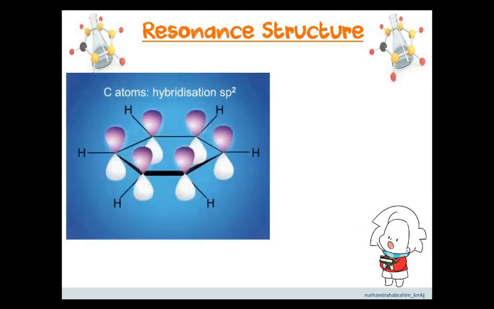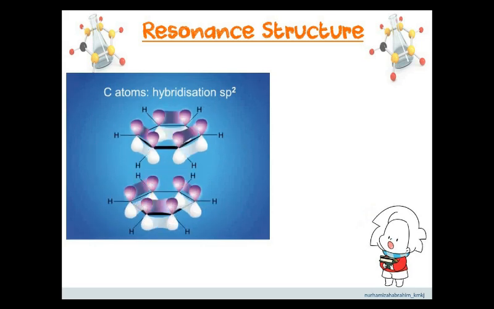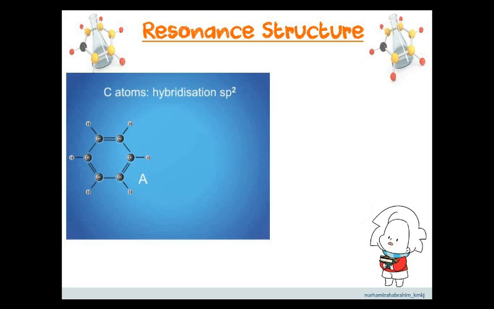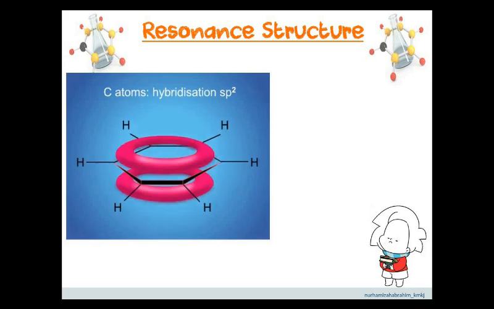In this arrangement, the 6 unhybridized p orbitals are parallel to one another, and they can overlap side to side, in pairs, to form 3 pi bonds. However, there is no reason to think that double bonds form at the particular carbon atoms shown in structure A. Equally well, the double bonds could be arranged as shown in structure B. In reality, all 6 unhybridized p orbitals contribute their electrons to a continuous, torus-shaped pi cloud encompassing all the carbon atoms.